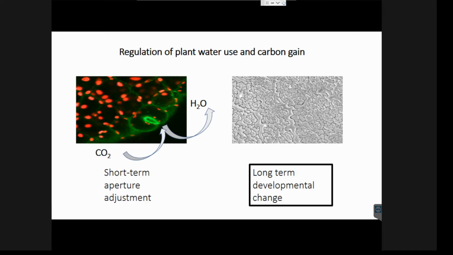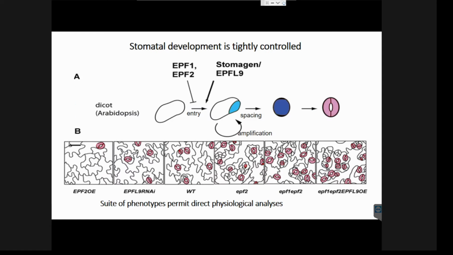The short term is aperture control, opening and closing the stomate on a minute by hour basis, depending on the environmental conditions. The long term is changing epidermal patterning: stomatal density, size or clustering. Today I'm going to be talking only about this long-term developmental aspect of stomata.